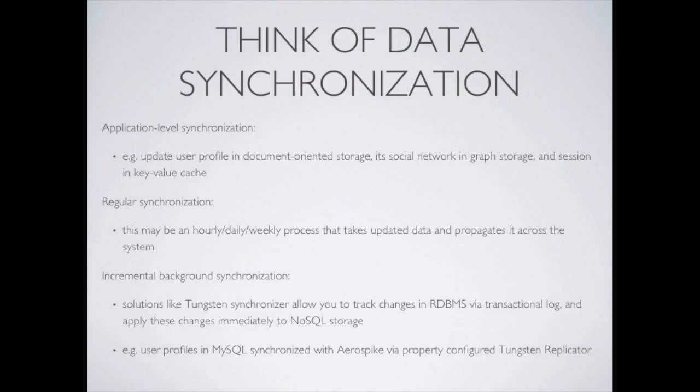Another two options will help you to solve this problem. The first one is just a regular synchronization. In case consistency is not something that you need, you can just run daily or hourly jobs that will take the updated data and propagate it across your other storages. Very often it works.